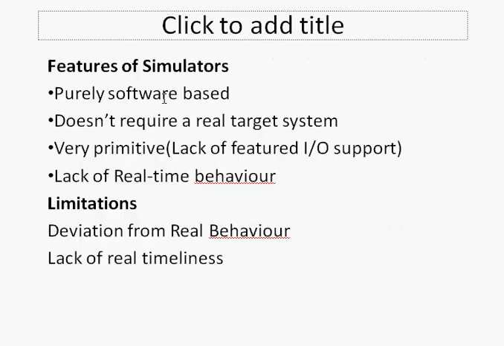Hope you're familiar with simulators. Some features of simulators: they are purely software based. You don't require a target, and that's what the second point talks about. It doesn't require a real target system, and this is very primitive. Very primitive implies you do not have all facilities in the simulation mode.